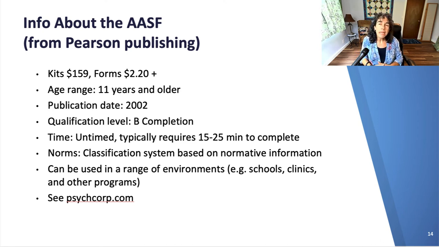So that means that you need a particular set of circumstances in order to purchase this, and Pearson Publishing or PsychCorp would say to give this. And being an occupational therapist and being trained or knowledgeable about the instrument is often what's required.